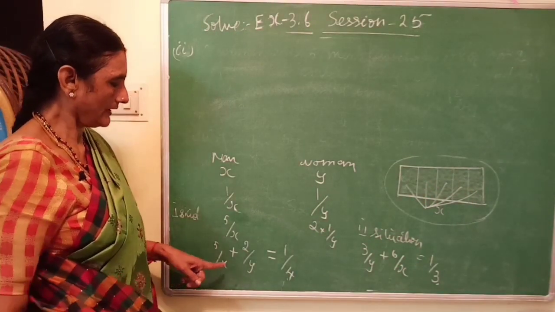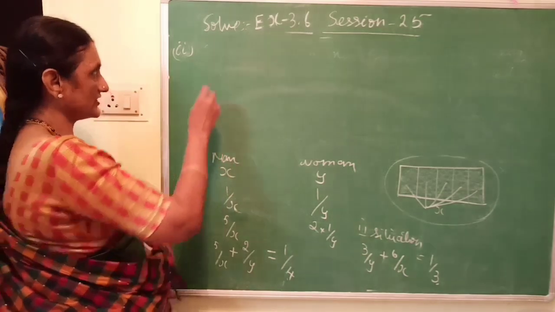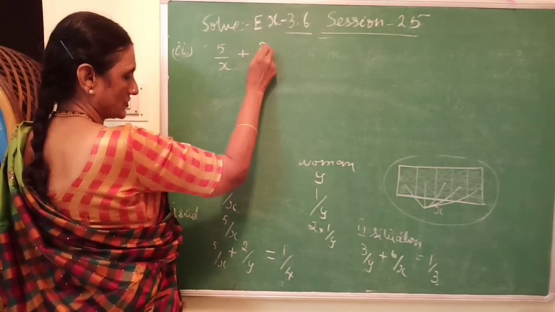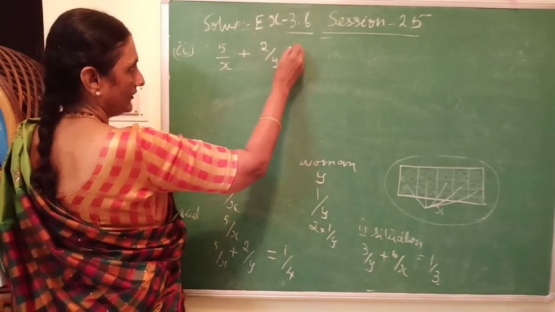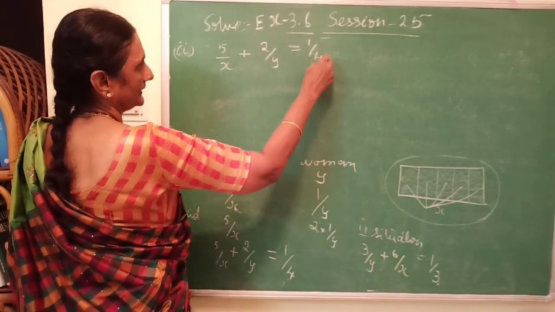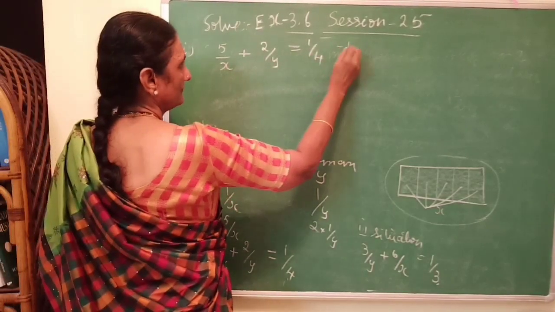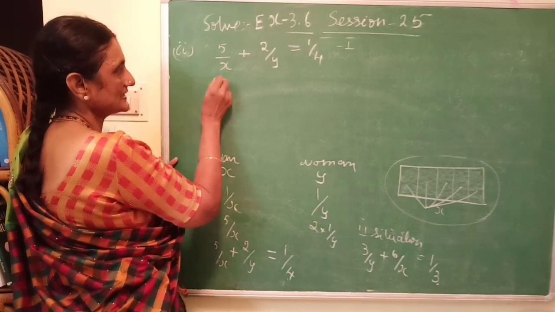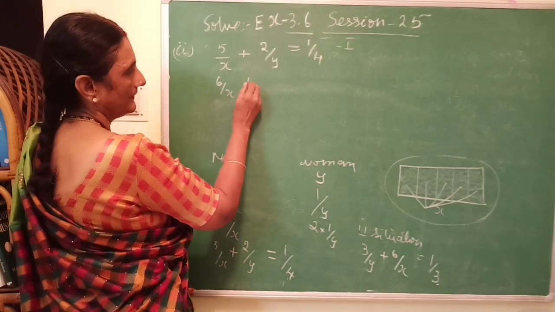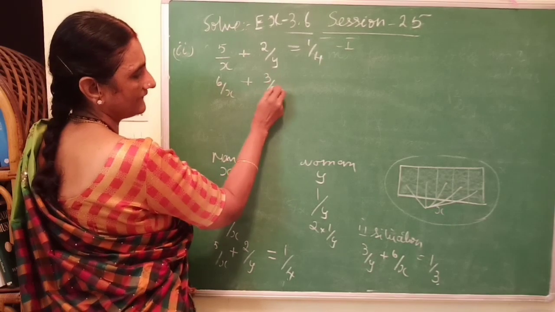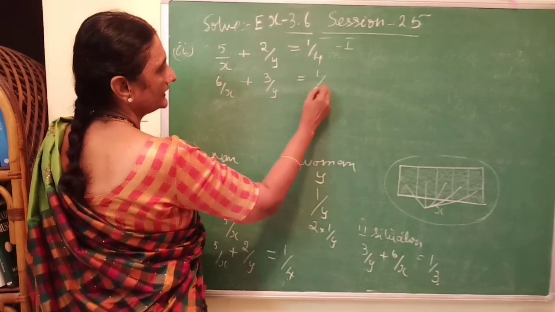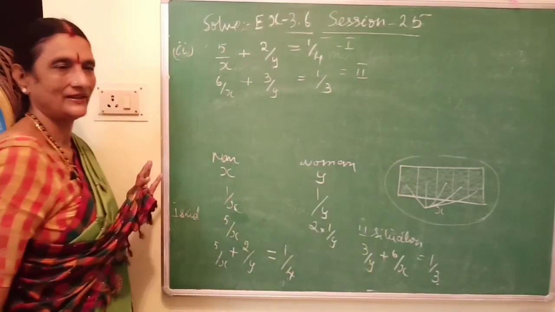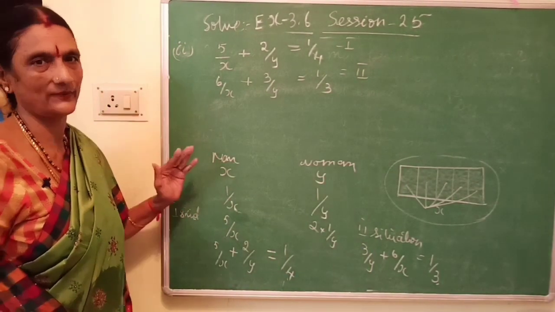So we have got 2 equations here. First situation: 5 men plus 2 women finish 1/4 of the work. This is the first equation. And the second equation is 6 men plus 3 women finish the work, which is equal to 1/3. So that's how we have to arrive at the equations.